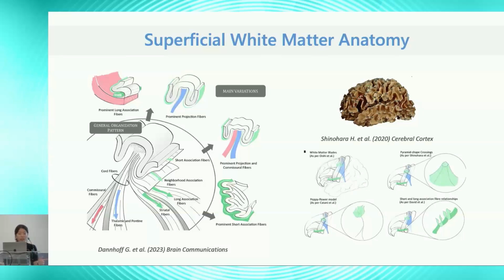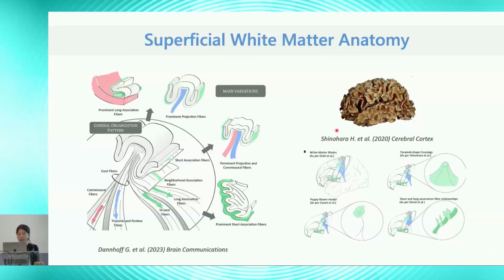The dense packing of fibers, the presence of multiple crossings, and its proximity to the cortex, along with inter-regional and inter-individual variations, make depicting this microanatomy highly challenging. Additionally, the complex 3D structure of superficial white matter bundles plays a key role in this area.